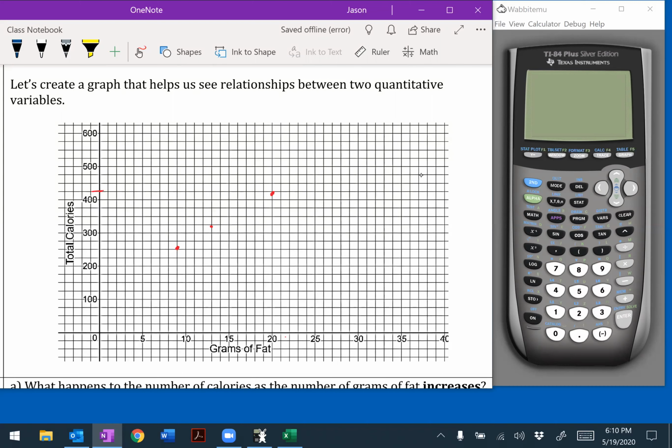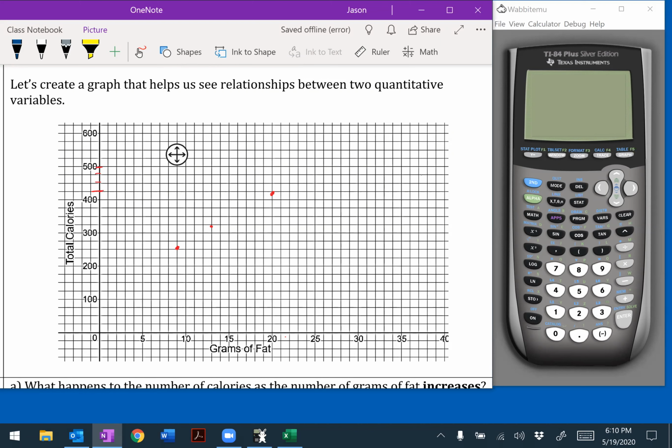Each of the y divisions is 25, and each of the x divisions is 1 gram of fat, versus 25 calories.